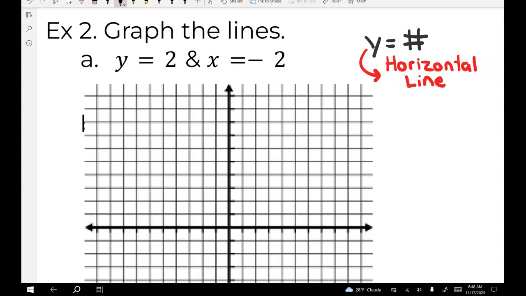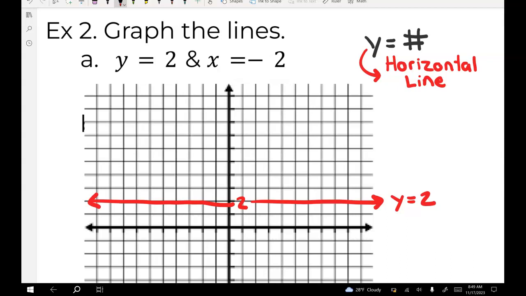So you have to go up 2 and draw a flat line. So this is where y is 2. And we just draw a line through. This is y is equal to 2. Because any point that I choose on this line, my y value is 2. This is 1 comma 2. This is 2 comma 2, 3 comma 2, 4 comma 2, 5 comma 2, negative 1 comma 2, negative 2 comma 2. Our second number is always 2. My y value is always 2.